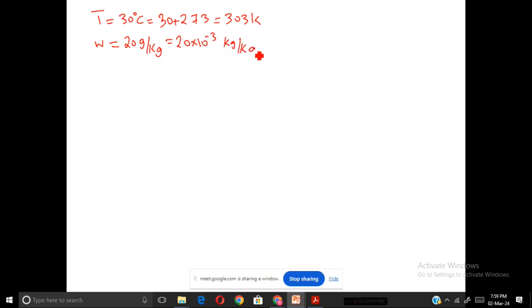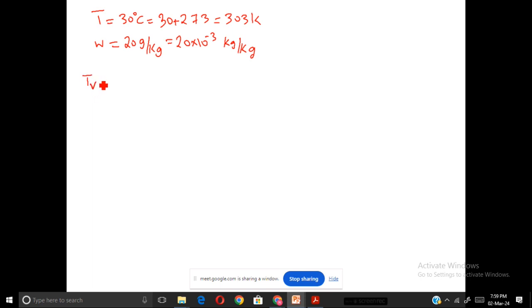So T, the actual temperature of the parcel, is 30 degrees Celsius, which is 30 plus 273, basically 303 Kelvin. And the mixing ratio W is given as 20 gram per kilogram, which is 20 into 10 raised to minus 3 kilogram per kilogram.